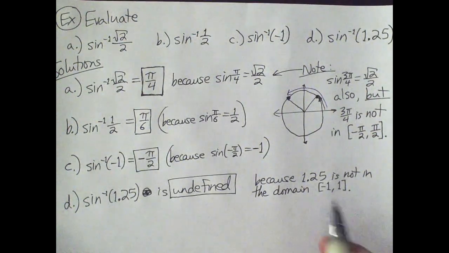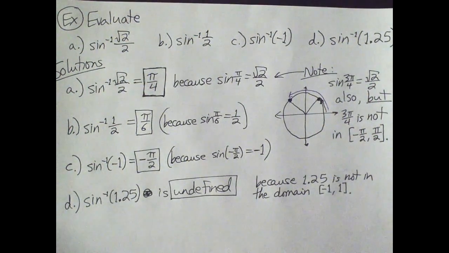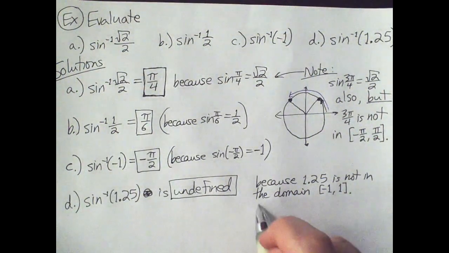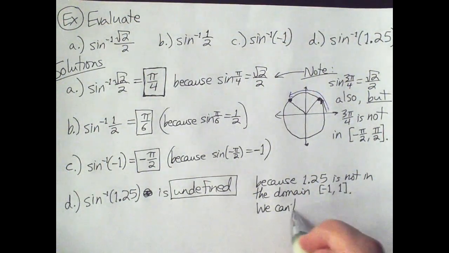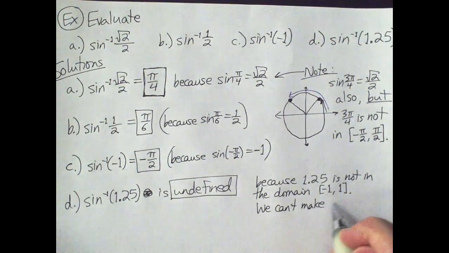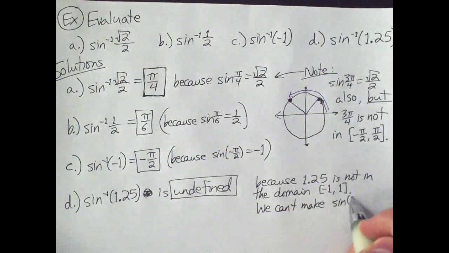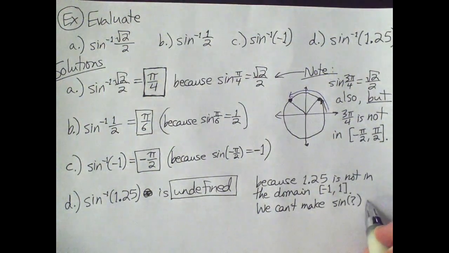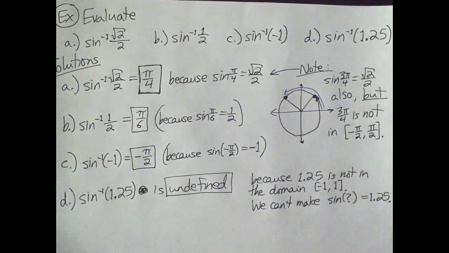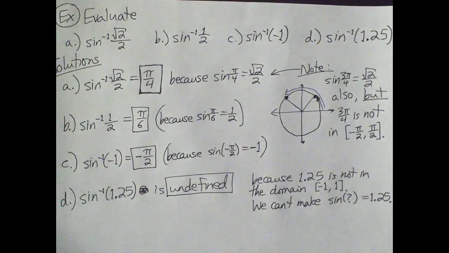Now, do we need to memorize that this is the domain? If you really understand what inverse sine means, you should know that we can't make sine of something equal 1.25. There's nothing I could put in for that question mark that would make this work.